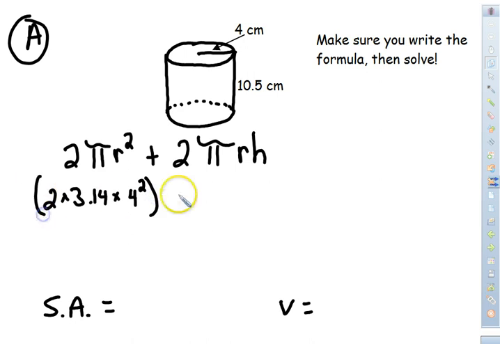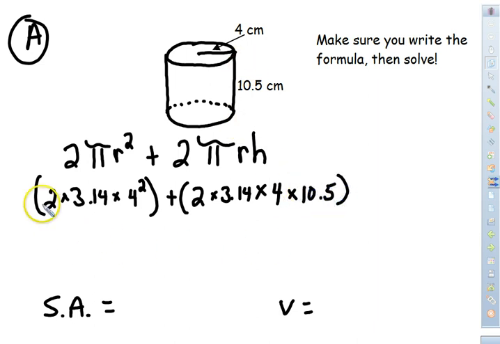You're going to do all of that plus 2 times 3.14 times the radius, which is 4, times my height, which is 10.5. Now you need to take this and plug it into a calculator, or we ultimately need to solve this as well, where this number here is 16. So now take your calculator and plug it in.